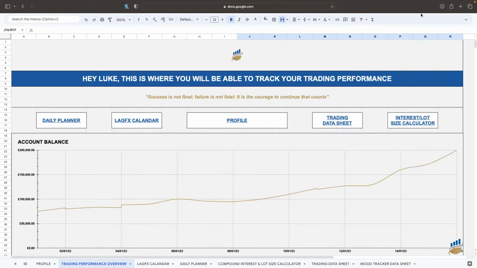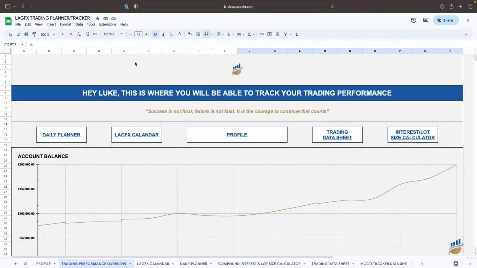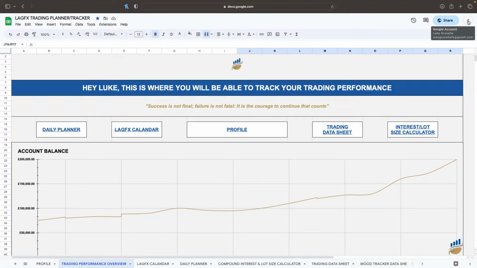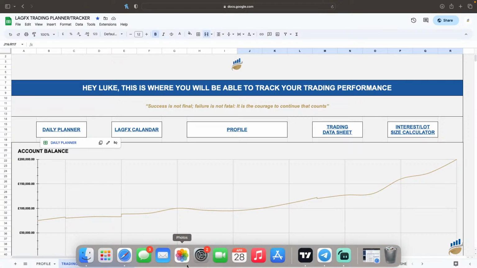In fact, bear with me two seconds. What I'm going to do is change, because I believe this is the older one.